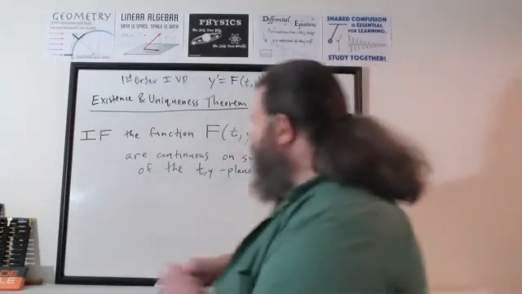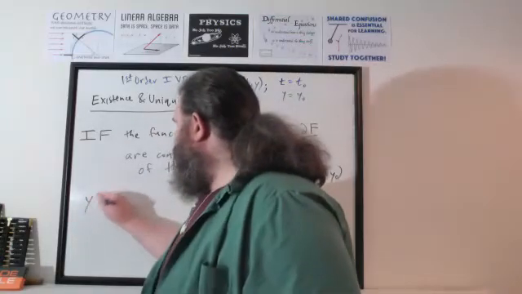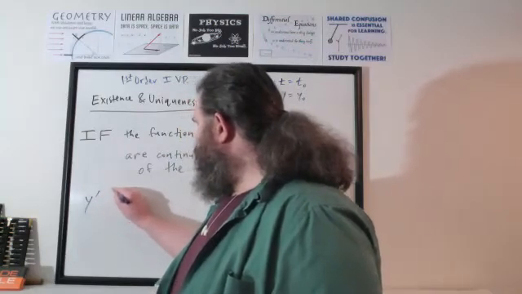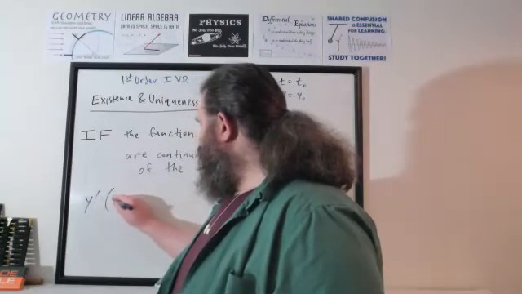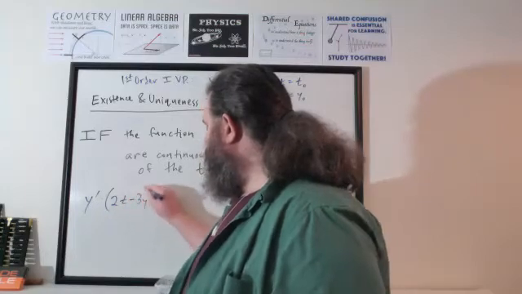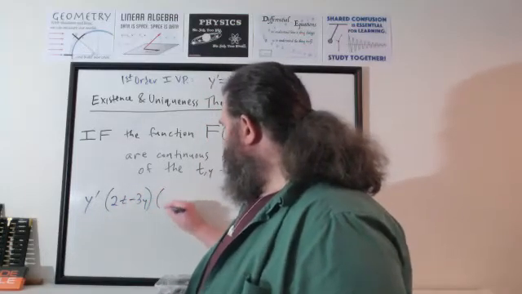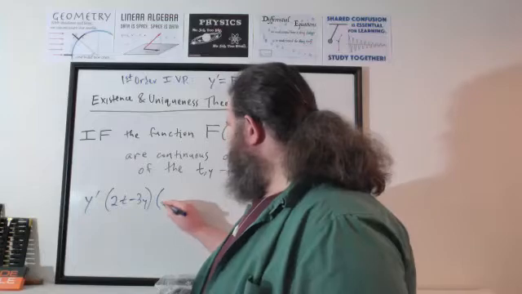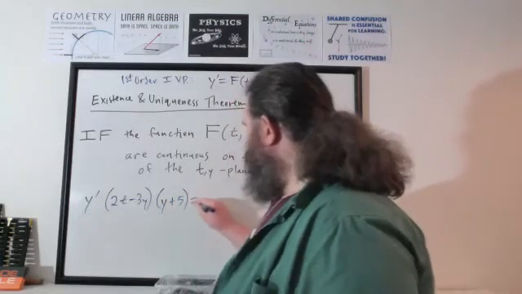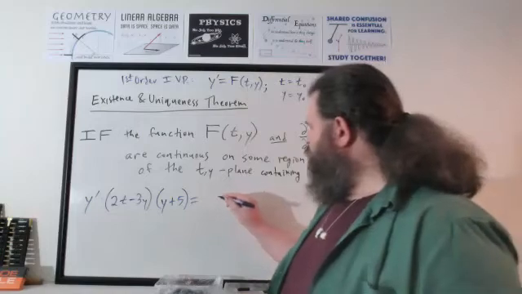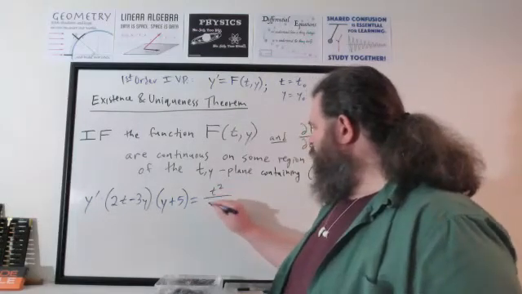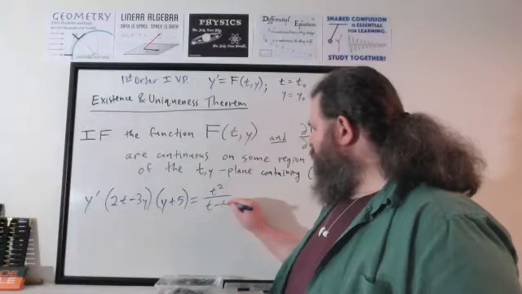Let's say our initial value problem is y prime times, let's say, 2t minus 3y times y plus 5 equals t squared over t minus 4.